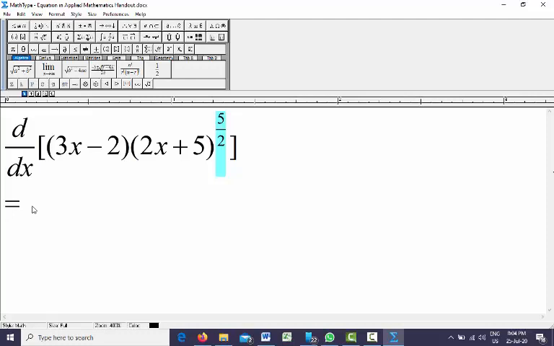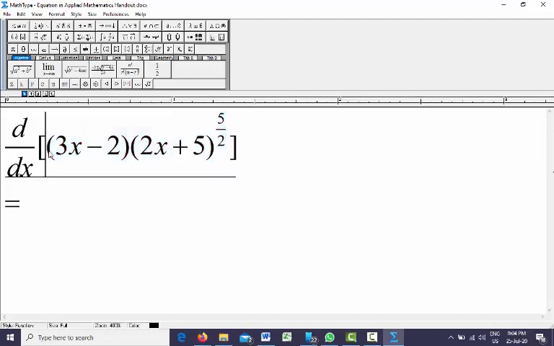So what you have to do is apply the multiplication rule of differentiation. Since this is in multiplication, in the formula you will have a plus. It doesn't matter which one you leave outside first.